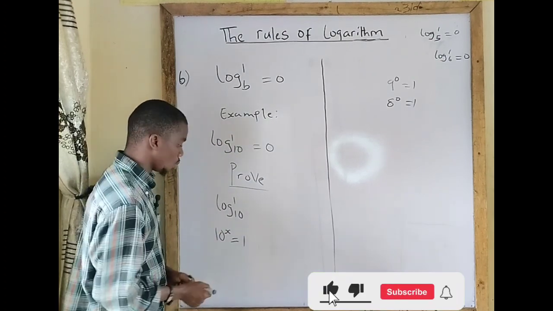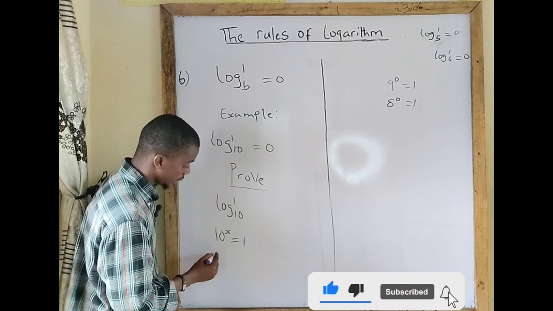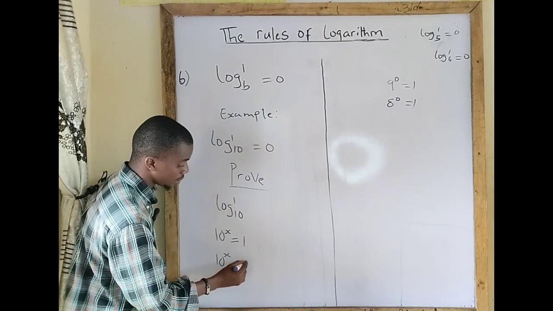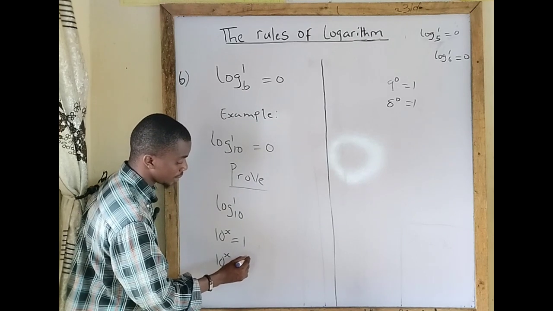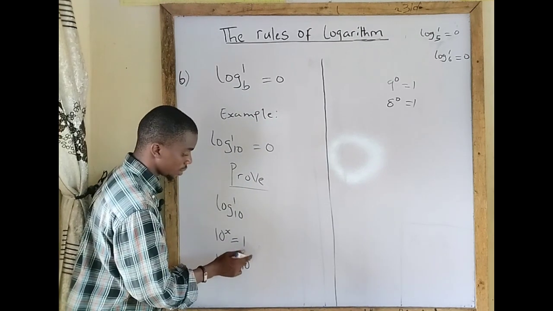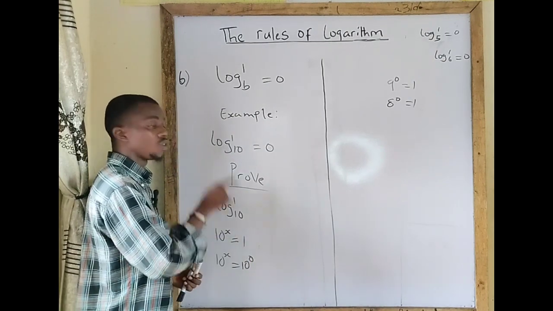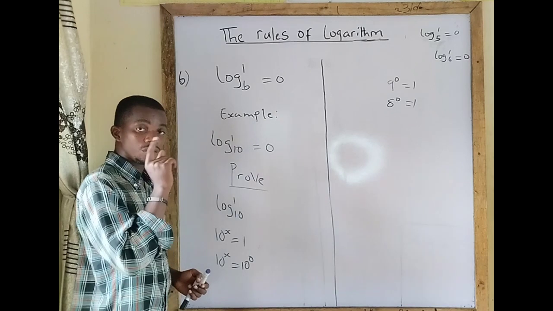So that this is 1, x is equal to 10 raised to the power of 0, since any number raised to the power of 0 will give you 1.